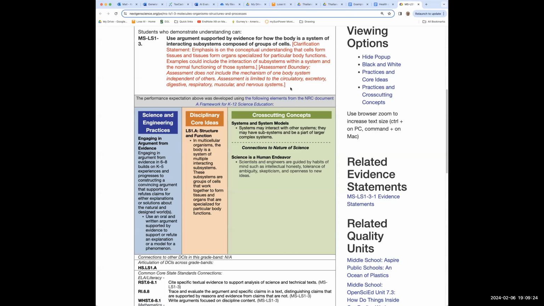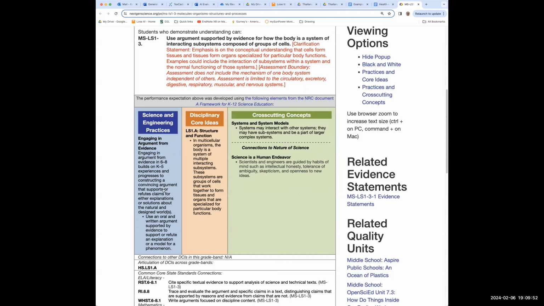For example, assessment does not include the mechanism of one body system independent of others. Assessment is limited to the circulatory, excretory, digestive, respiratory, muscular, and nervous systems. So they're not having to delve into it as deeply as some teachers have done in the past.